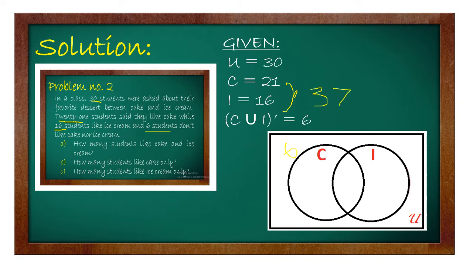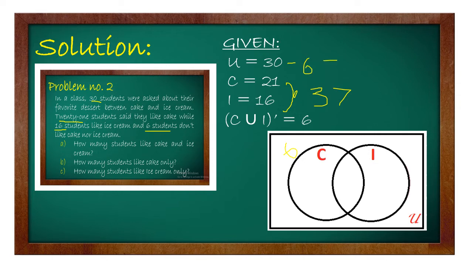Oops! As we can notice, the universal set has only 30. So, ibig sabihin, sobra na yung 37 natin. Pero bago natin alamin kung ilan ang sobra nilang dalawa, mapapansin natin merong 6 na ayaw ng ice cream o kaya ng cake. So, ibig sabihin, yung 30, babawasan muna natin ng 6.